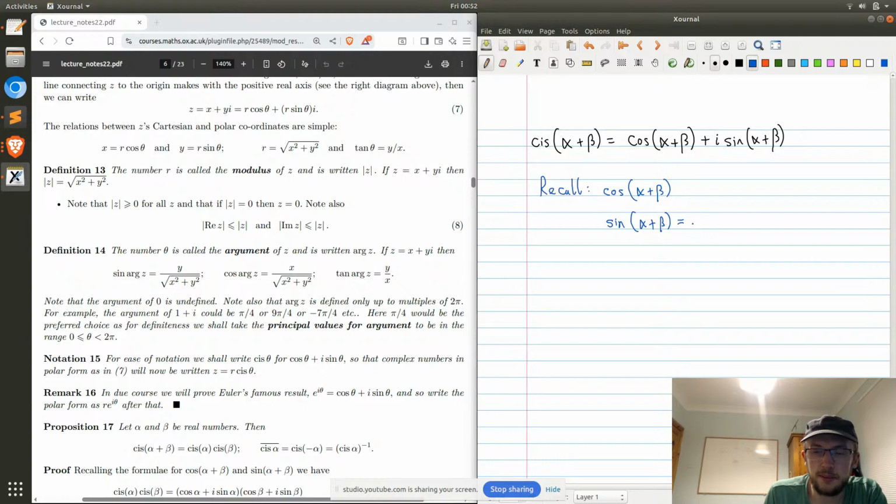So I believe sine of A plus B equals sine A cos B plus cos A sine B. So I believe it's this. And now I have to check.